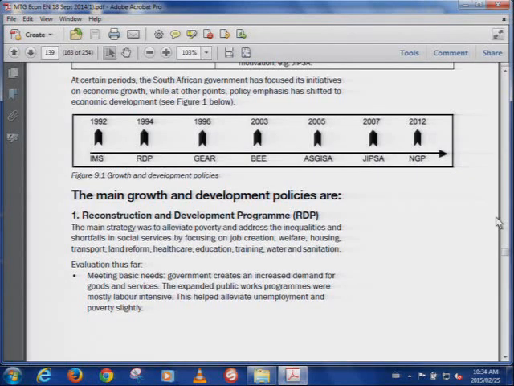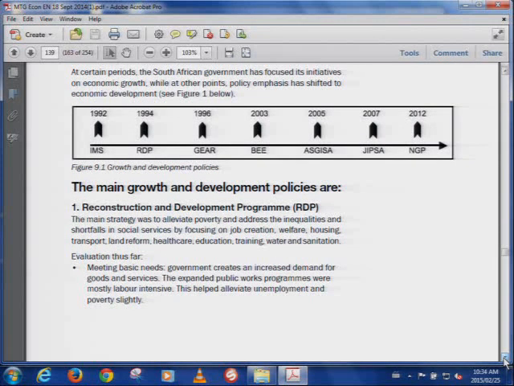The aim was to alleviate poverty and address inequalities and shortfalls in social services by focusing on job creation, welfare, housing, transport, land reform, healthcare, education, training, water and sanitation. The RDP identified the basic needs of people, and they tried to meet them.